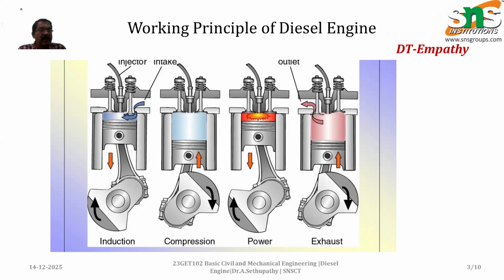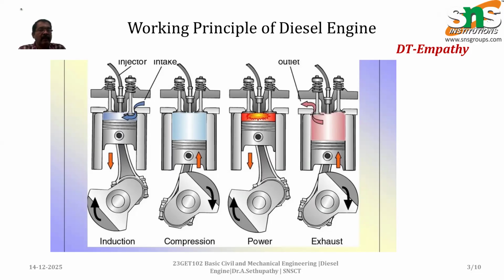The diesel engine is comparatively similar to a petrol engine, but the petrol engine has spark plugs, whereas in the diesel engine we use fuel injectors. The fuel is directly injected inside the combustion chamber.